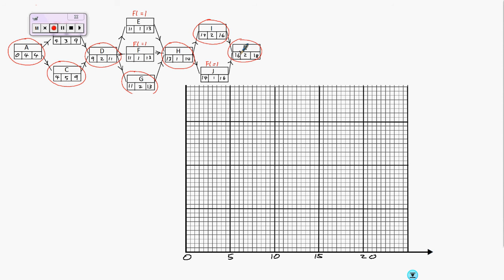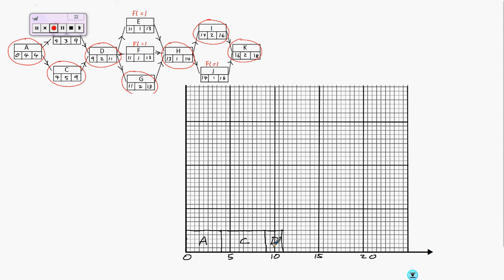So A starts at time 0 and it goes up to time 4. That is event A. C starts at 4 and goes up to 9. That's event C. D starts at 9 and goes up to 11.